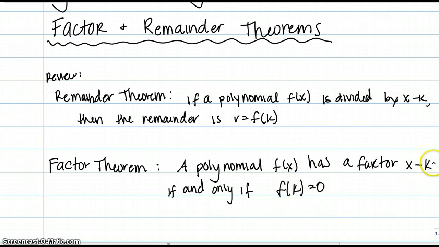So whatever this k value is, as long as when you evaluate the function f for that value of k, the outcome is 0, then we know that x minus k is a factor.